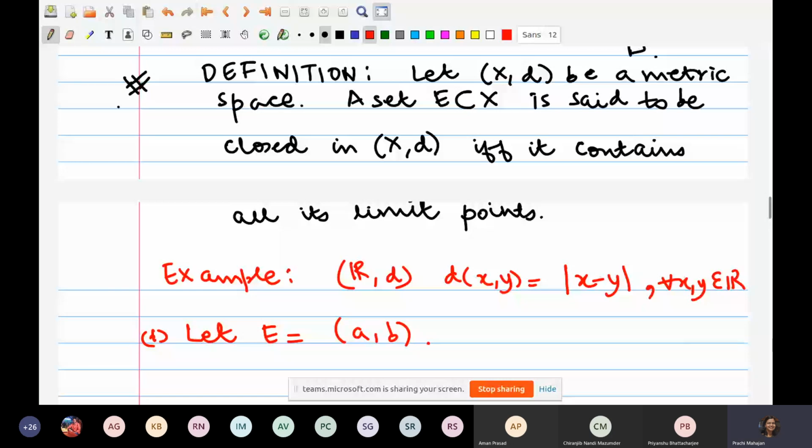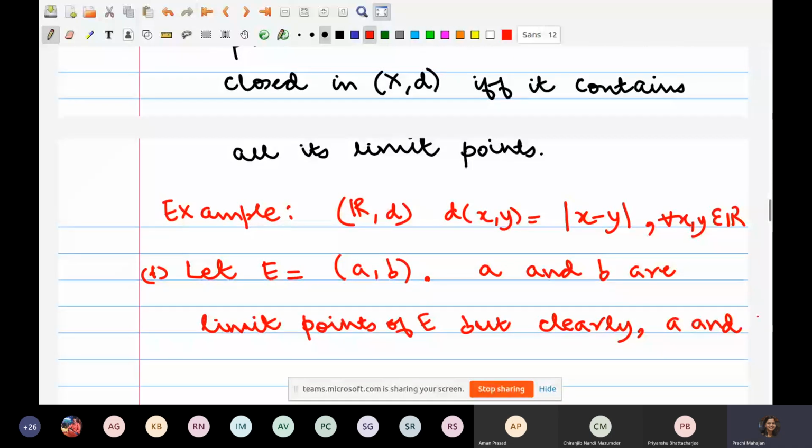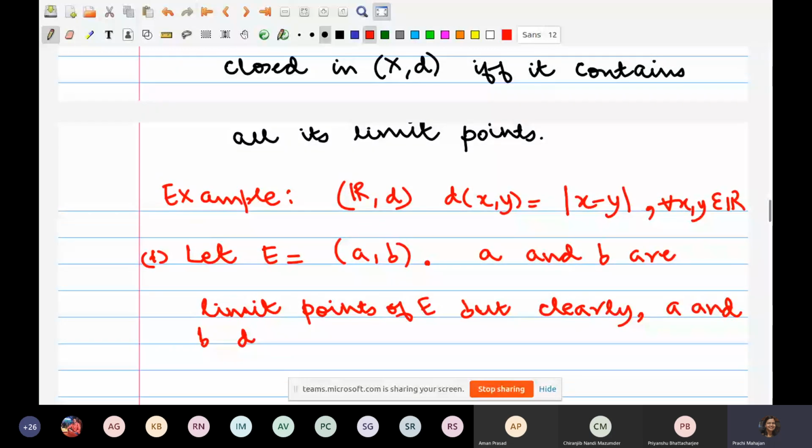So I'll just write it here. a and b are limit points of the set E, but clearly a and b do not belong to E. Conclusion, what is the conclusion?